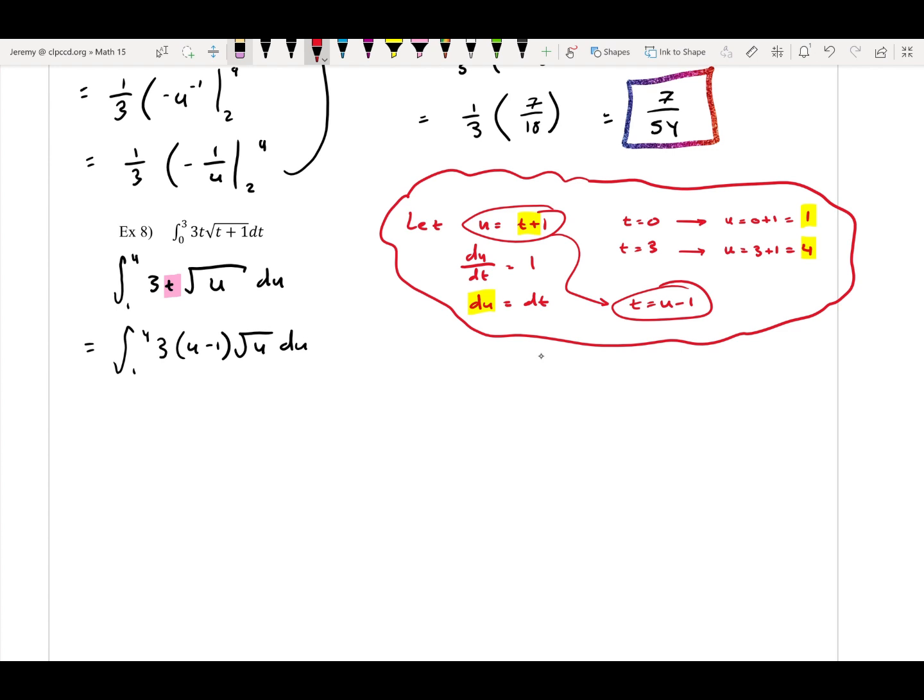So rewriting it in this way, where now we have this difference which is not inside of the radical, is an improved situation because now we can do this. Let me show you how I would proceed from here. I'll bring the 3 on the outside just because why not?